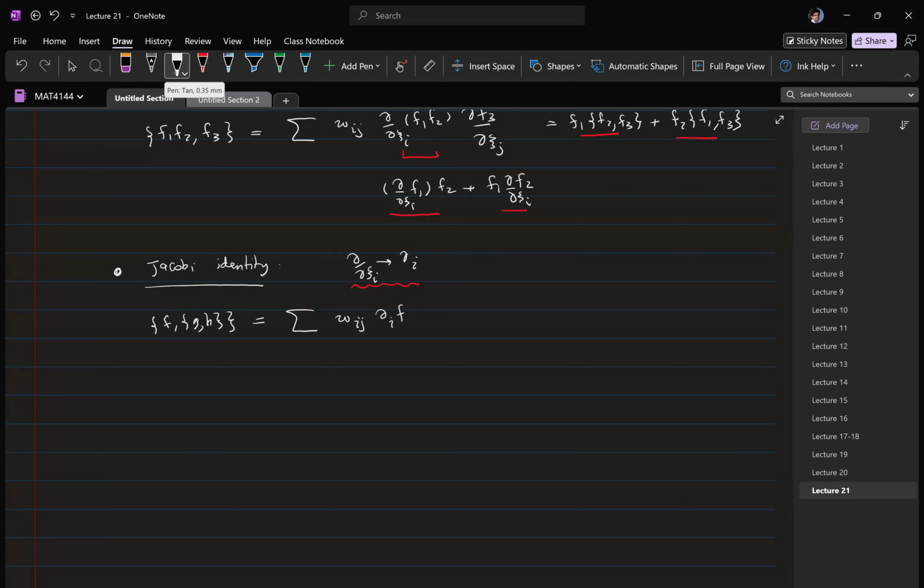Okay, and then I should write dj of the Poisson bracket of G and H. Okay, so what is that Poisson bracket? It depends on some indices K and L. I have to do some WKL, and then dkg dlh. Okay? Is it clear? I'm just doing calculus.